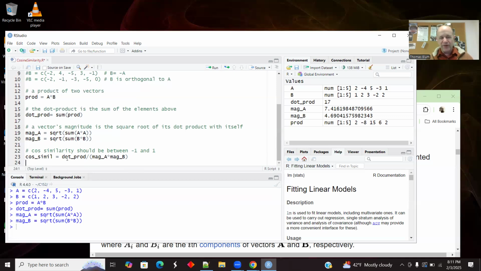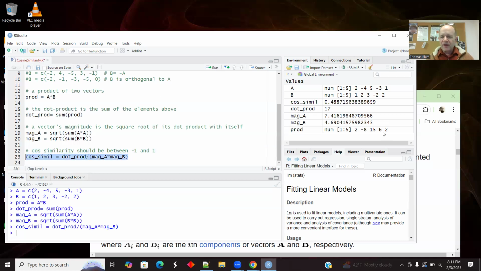I only had one thing in my numerator, so I didn't need parentheses, but just to make sure both of these things are being divided by both the magnitude of A and the magnitude of B. And so I'm going to run that. Okay, and here is the cosine similarity, some number, 0.4887 in this case, just a random example.